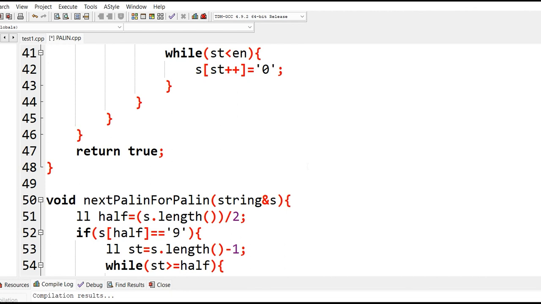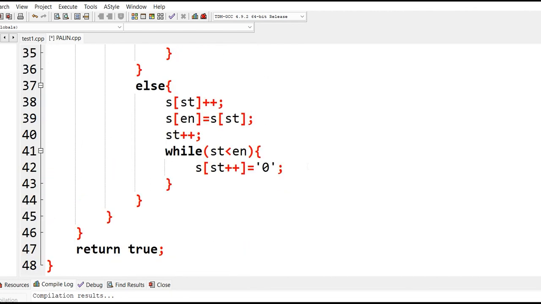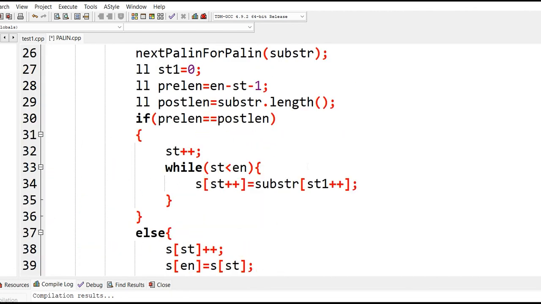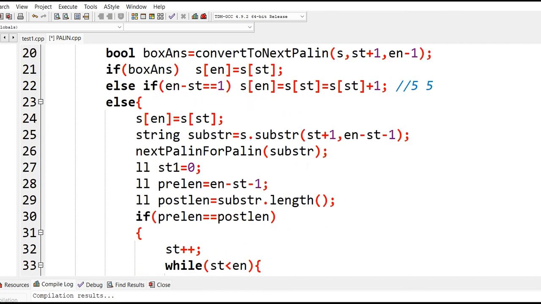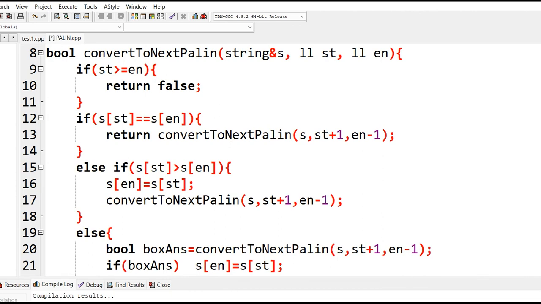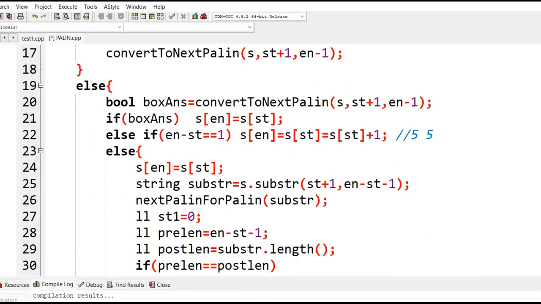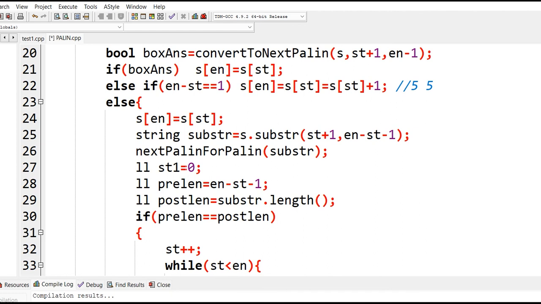Now let's jump back to where we left in the earlier function. So we called next palindrome with our substring. For the case when s of st was lesser than s of en, we decreased s of en to be s of st, and we tried to make the palindrome to the next palindrome.